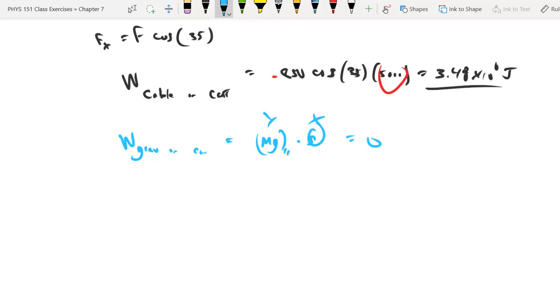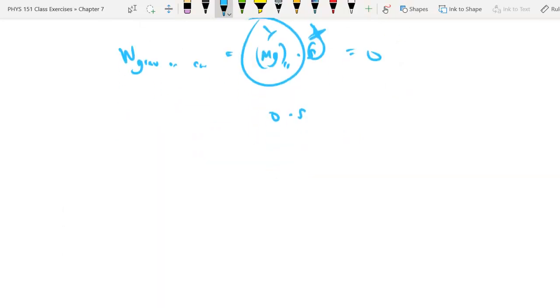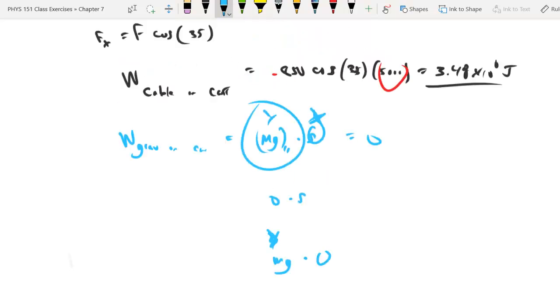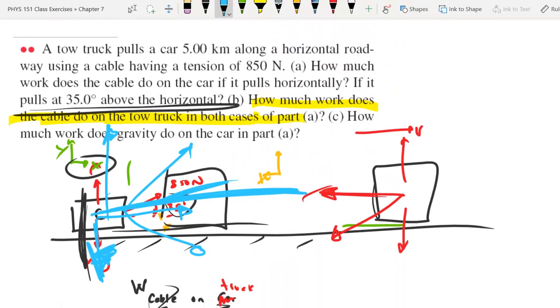If I just look at the x direction, I have some displacement, but I have no force, right? So it would be 0 times s in the x direction. Or if I look at it in the y direction, I have a force, mg, but then I don't have a displacement. So you get 0 either way you look at it.